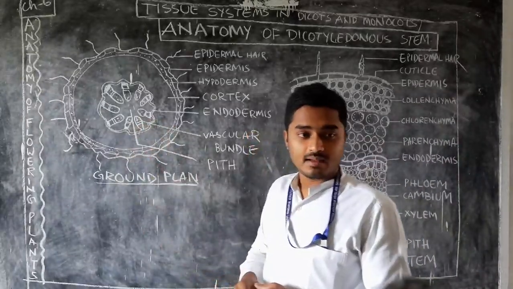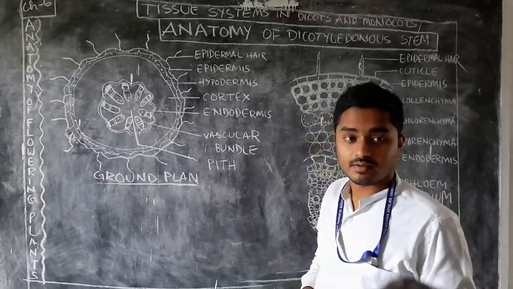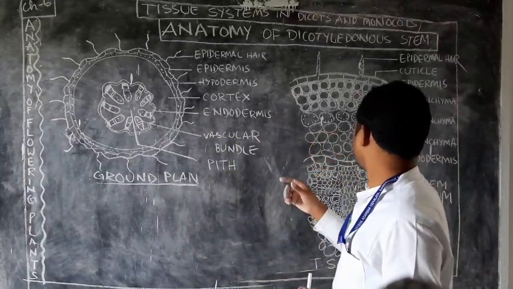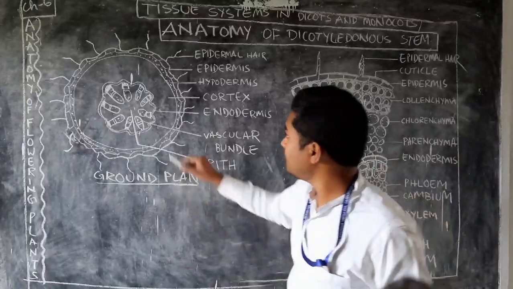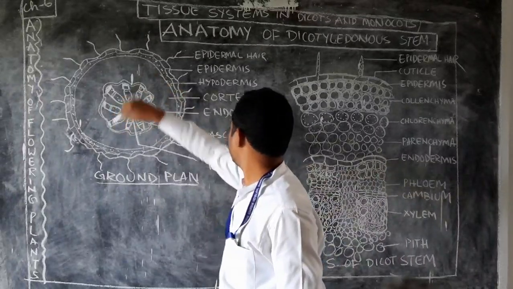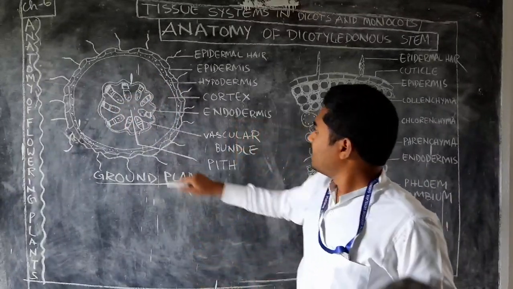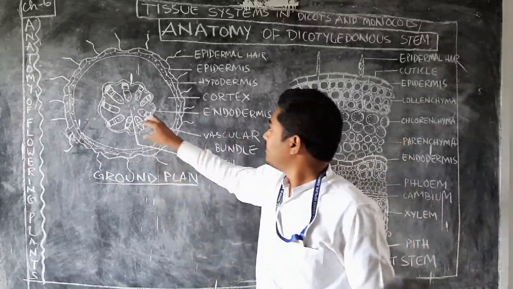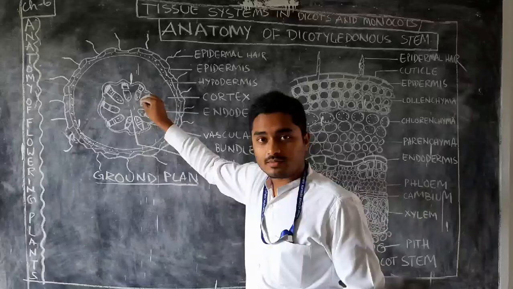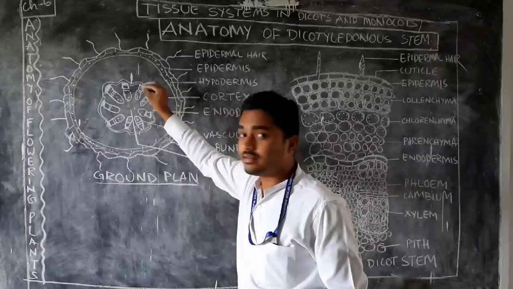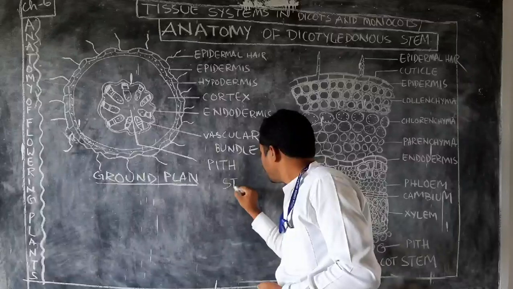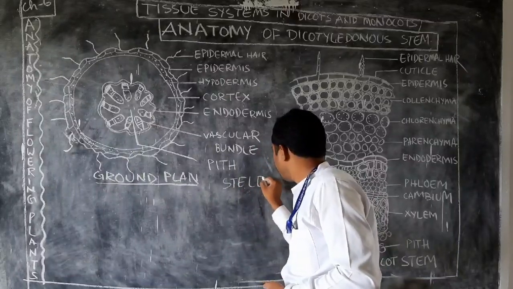And they are conjoined type. What is conjoined? Both xylem and phloem are found in a single bundle. So these are known as the vascular bundles. And pith is well developed, and pith, vascular bundle, and pericycle together form a structure which is known as a stele.